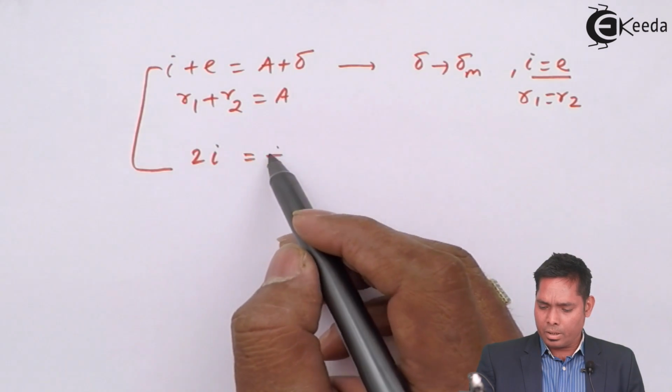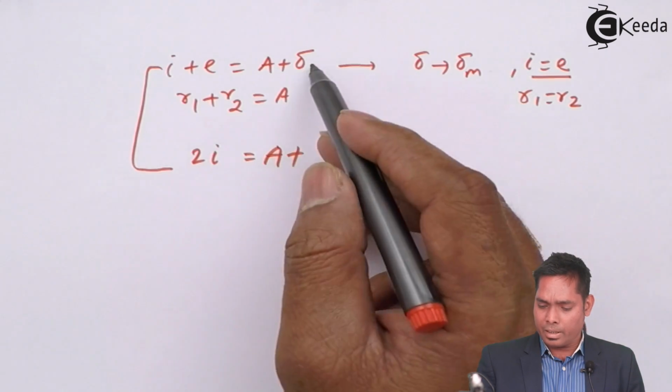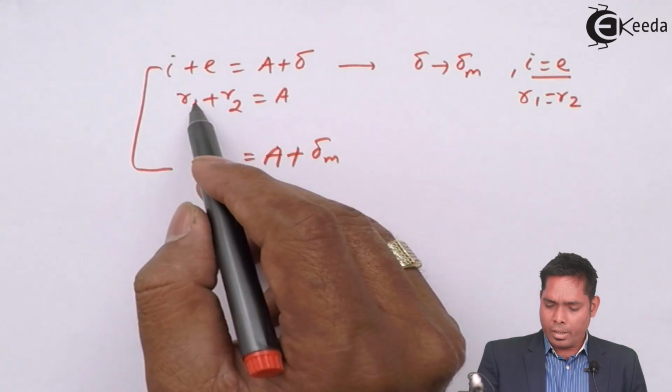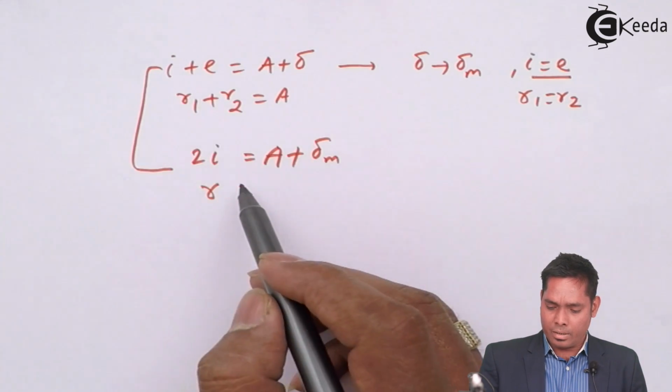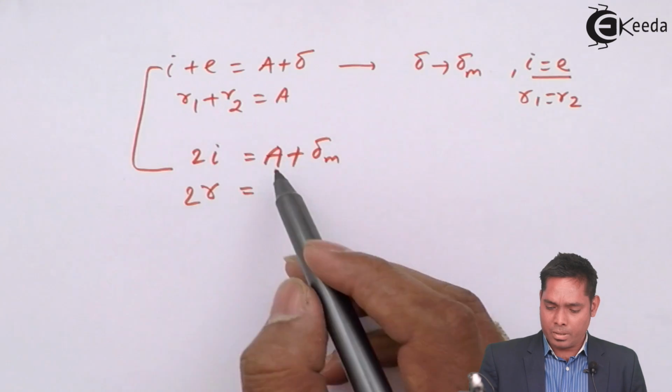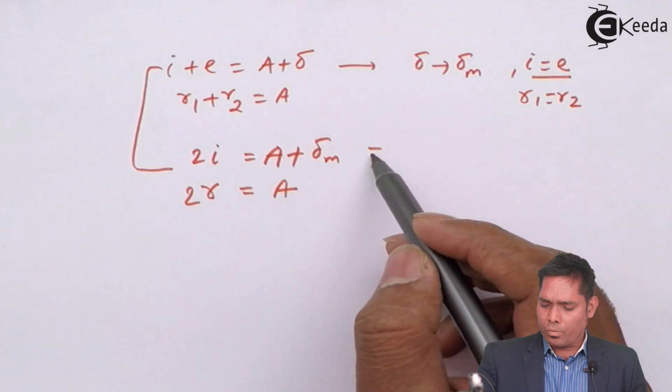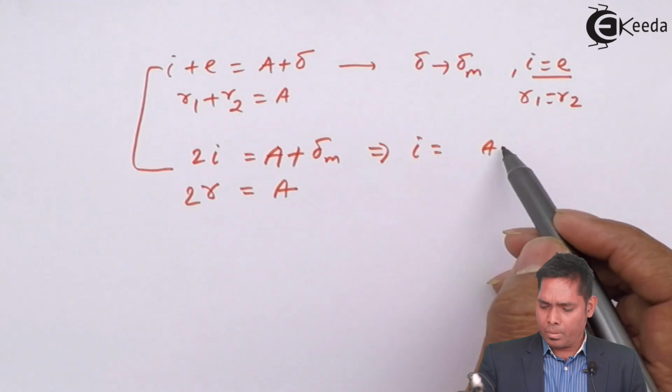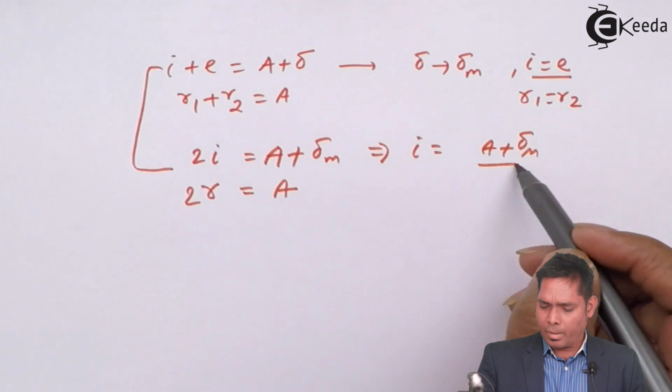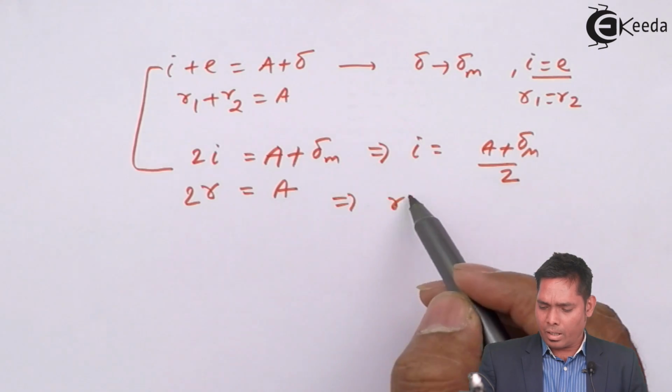A plus delta m, and r plus r, 2r equals A. So from here i equals (A plus delta m) by 2, and r is equal to A by 2.